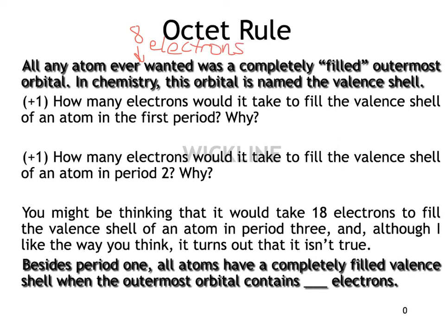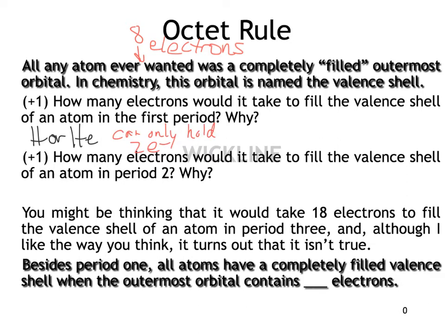So here's a question. How many electrons would it take to fill the valence shell of an atom in the first period? If you're an atom in the first period, that means that you're either hydrogen or helium. They only have one orbital, and the first orbital can only hold 2 electrons.